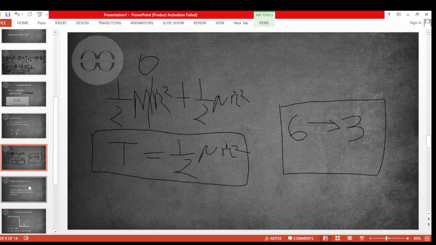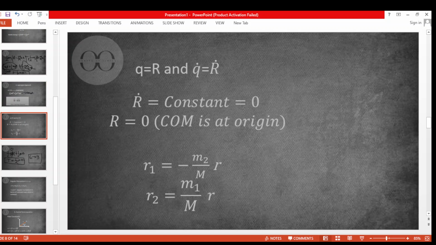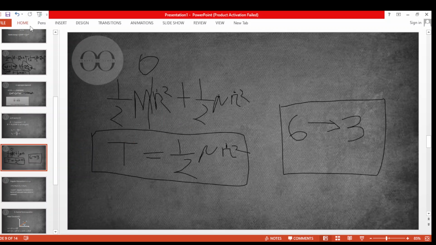So let's recap. At first, we saw that our Lagrangian was this, and from the Euler-Lagrange equation, we chose a variable q to be r and q dot is r dot. And we took the Euler-Lagrange equation, we solved it, and we found that r dot must be constant. Why will r dot be constant? We can look here again.